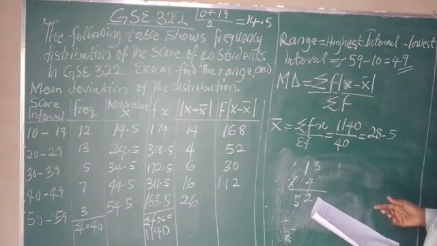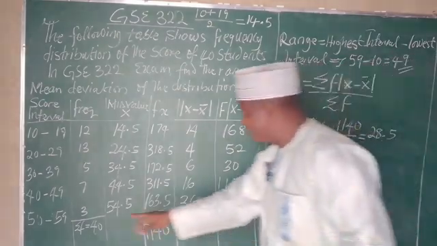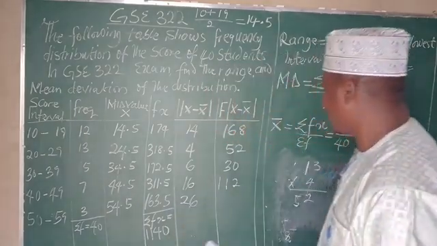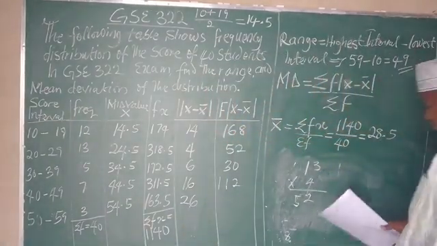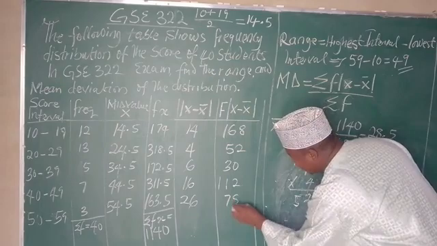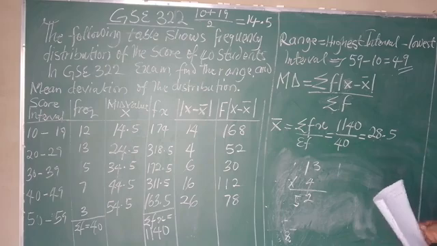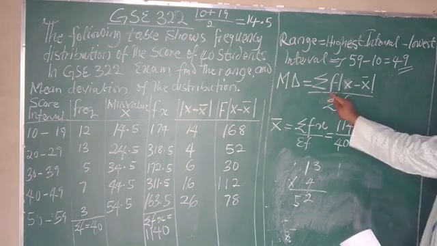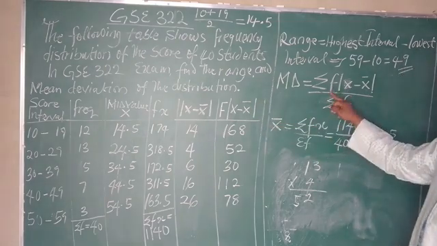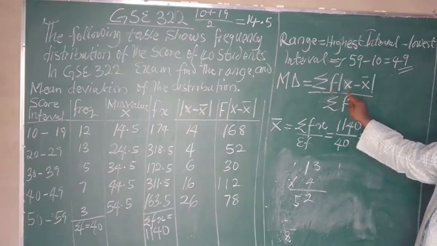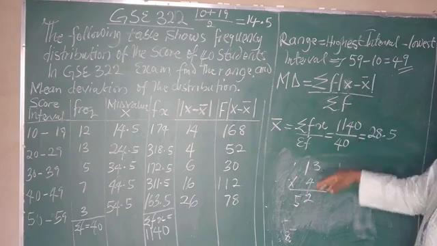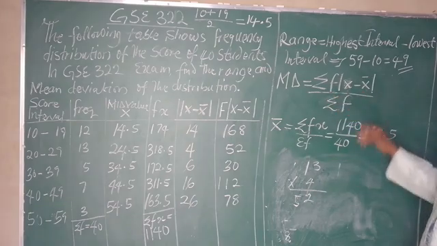The next one is 3 times 26, which is 78. So you see, we have gotten the column for f times the absolute value of x minus x bar, or you can say f times the deviation.